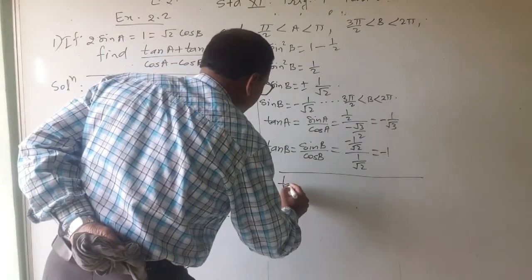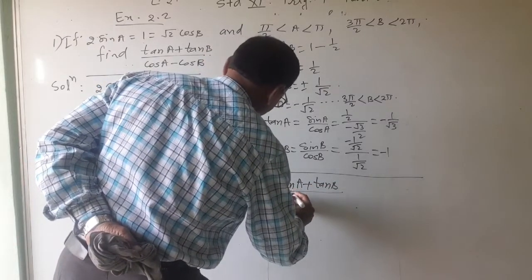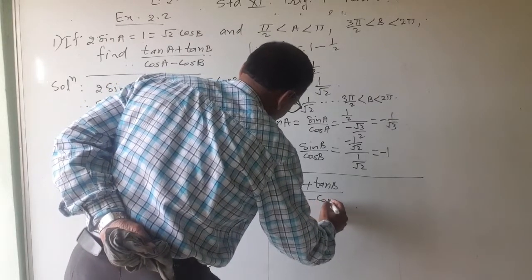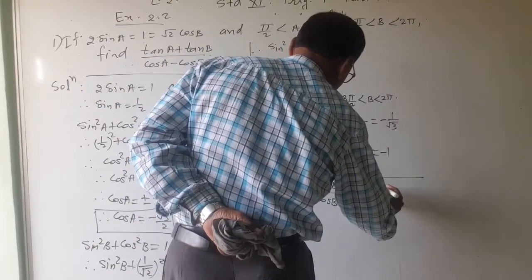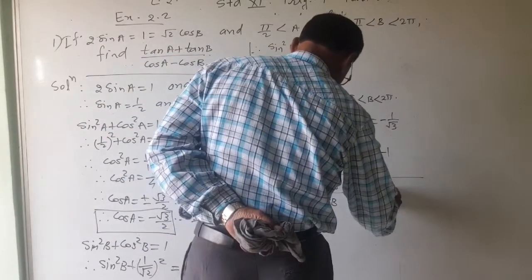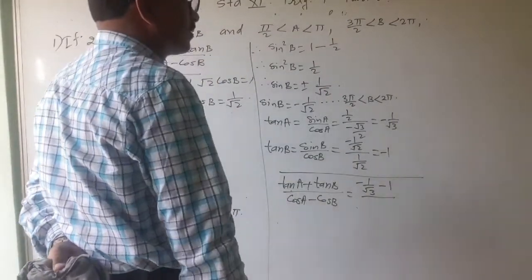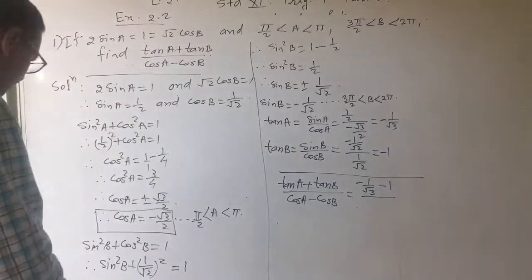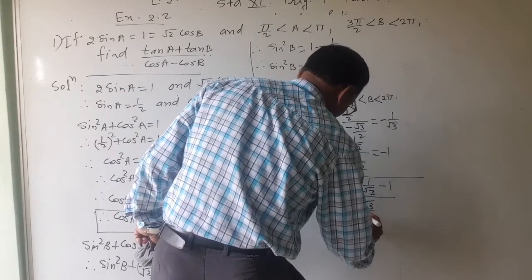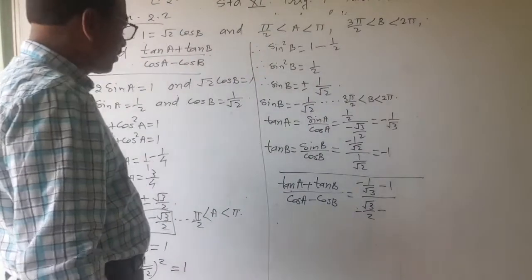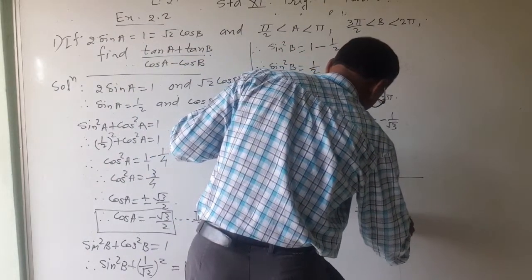Tan of A plus tan of B upon cos A minus cos B is equal to: tan A value is minus 1 upon root 3, tan B value is minus 1, upon cos A, which is minus root 3 upon 2, minus cos B value, which is 1 upon root 2.